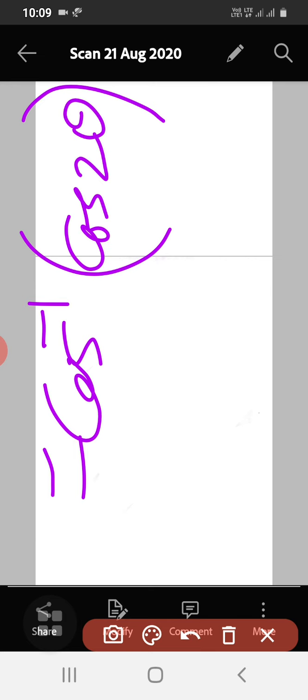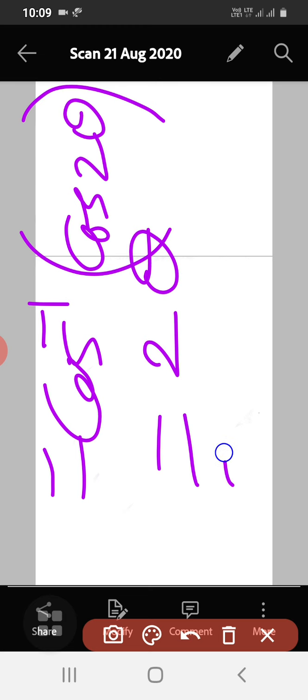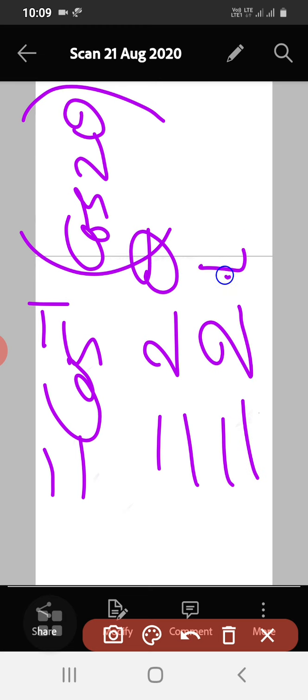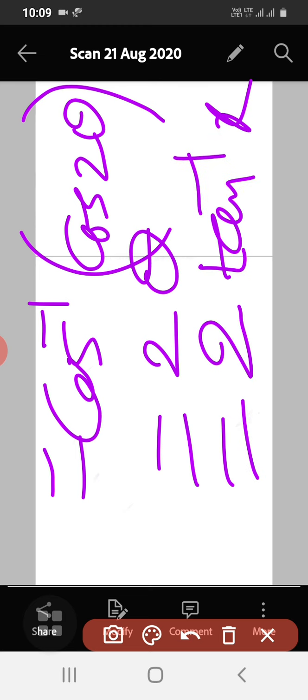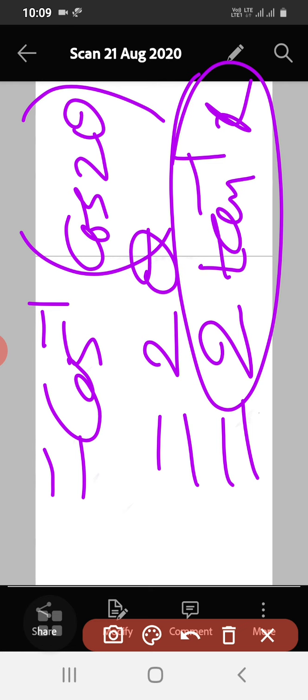That formula was cos 2 theta. So cos inverse of cos 2 theta becomes 2 theta. So 2 theta means we can write 2 tan inverse x. So first and second are over.